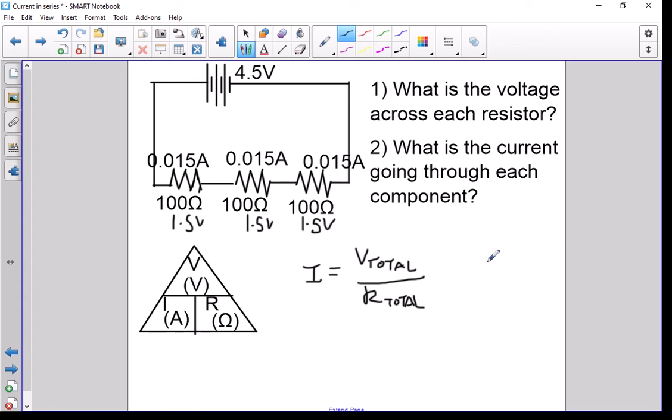And the key point here is we're looking at a series situation. So the component series means the components are one following each other, one after the other.